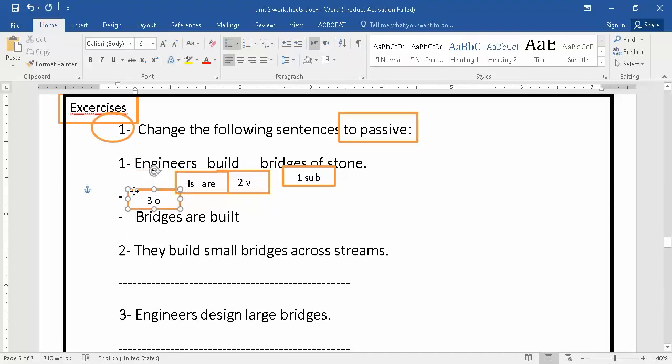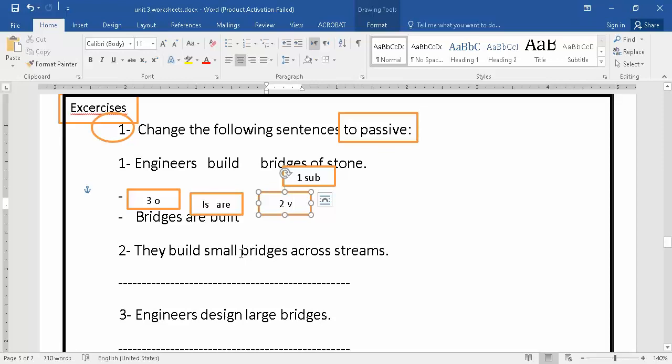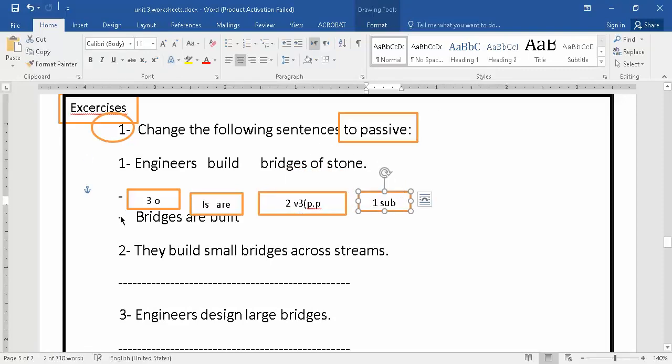Here is the object at the beginning, is or are in the middle, verb 3, which is the past participle. We need to study them by heart, and at the end the subject.